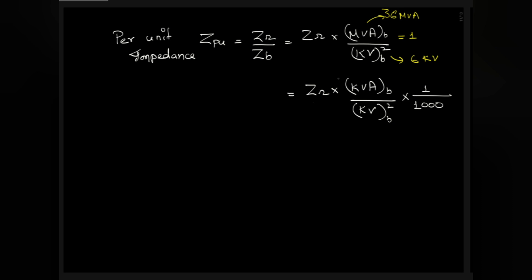But in this case, if you write this value 36 MVA in the form of kVA, what will it be? It will be 36,000 kVA, right? And this is 6 kV. So if you find the ratio of these two, this will be 36,000 divided by 36 and this will give you 1000. That's why we need to divide this equation by 1000.